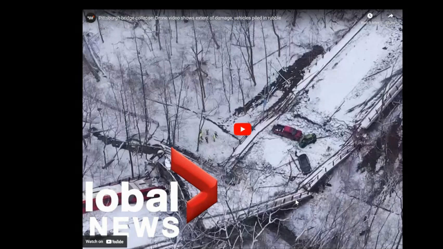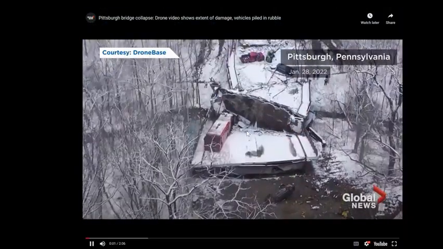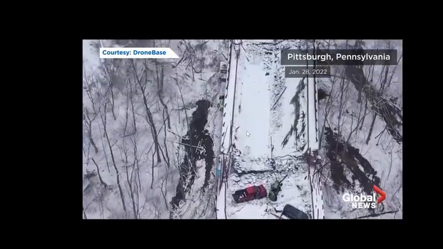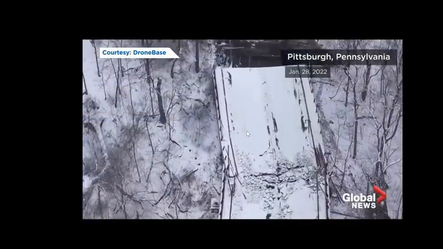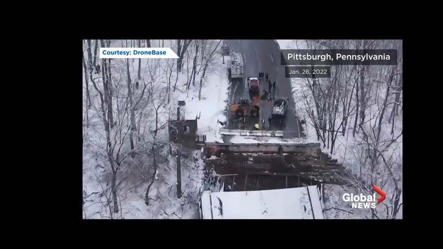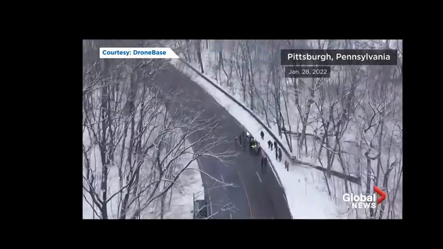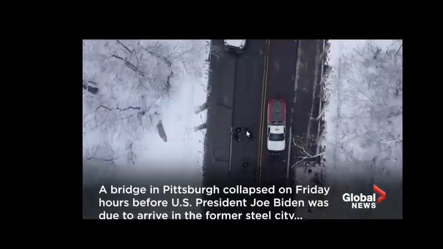So let's look at why it's so important to calculate Young's modulus. Here's an example that happened just a year ago. This is in Pittsburgh, Pennsylvania on January 28th, 2022. You're seeing drone footage from a bridge that collapsed there. Young's modulus allows engineers to know how materials behave.